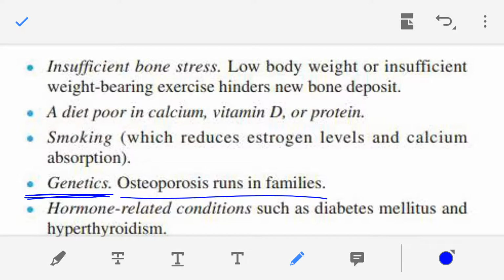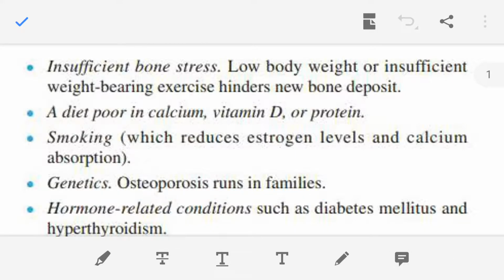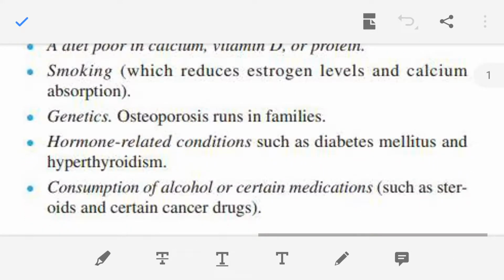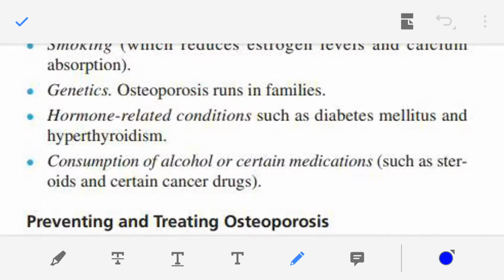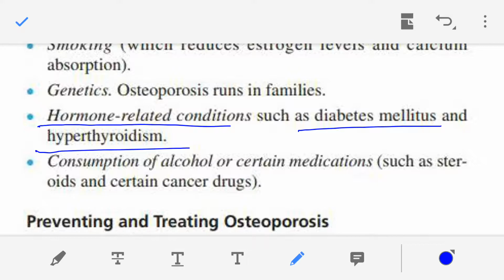So from generation to generation, this disease is repeated. We can say it is the heredity reason, the genetic reason involved in osteoporosis. Then some hormone-related conditions such as diabetes mellitus and hyperthyroidism are also causes for osteoporosis.